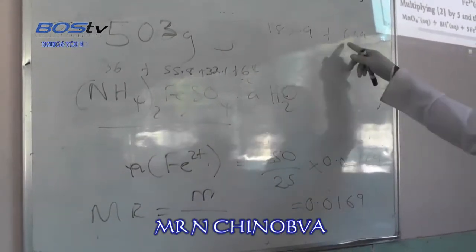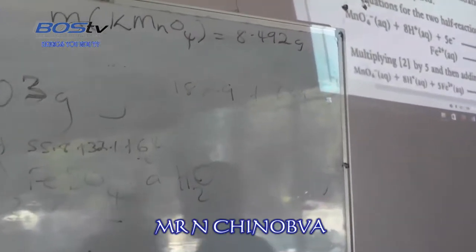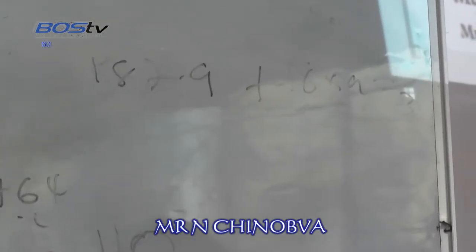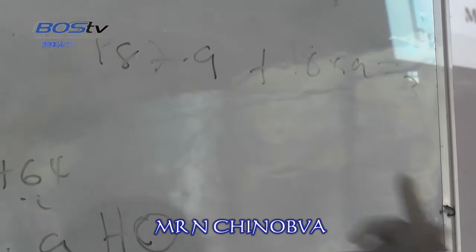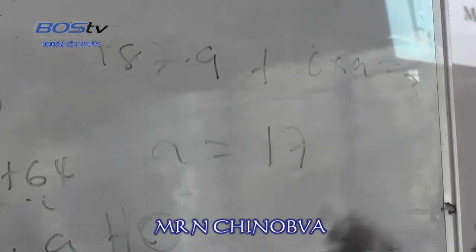Then we divide by 18. 17.5. So from that calculation, your A is equal to 17.5, which is 18.